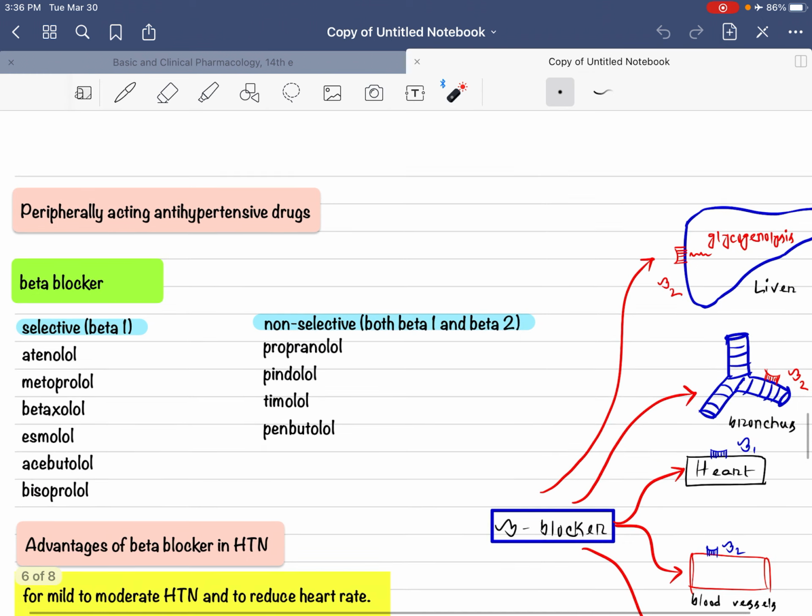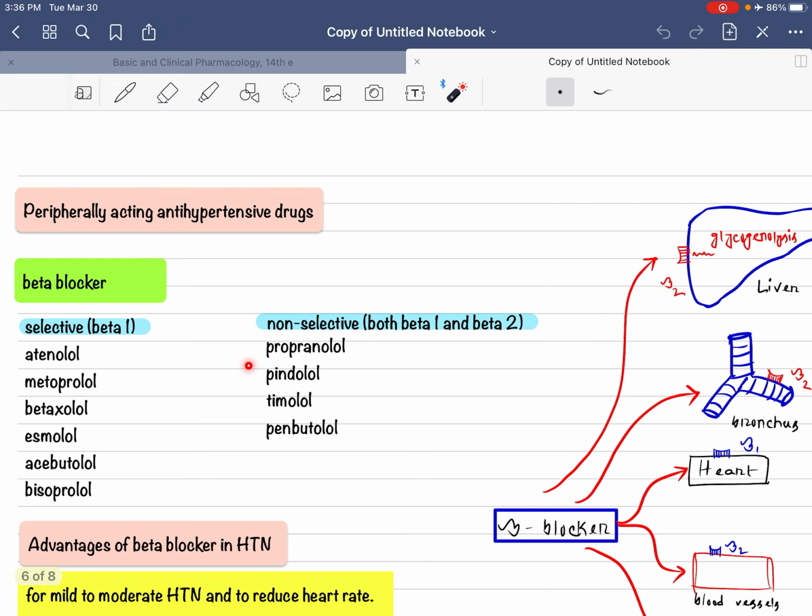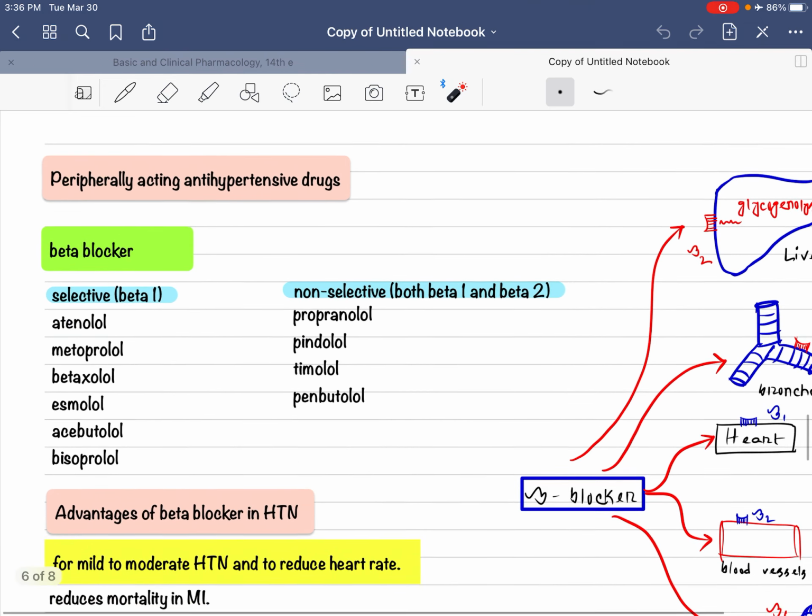These non-selective drugs are propranolol, pindolol, timolol, and penbutolol, and we often use propranolol.